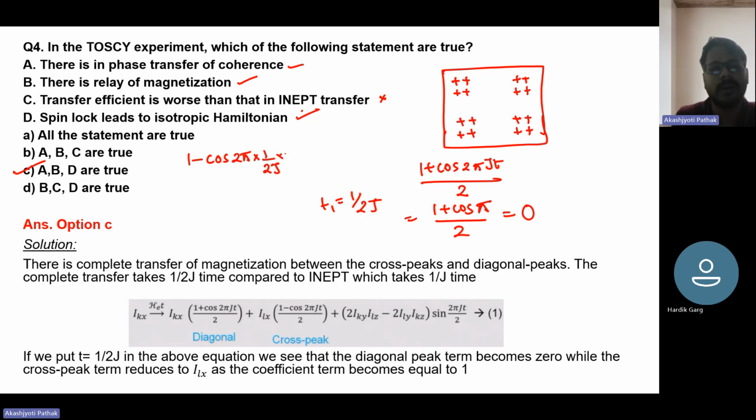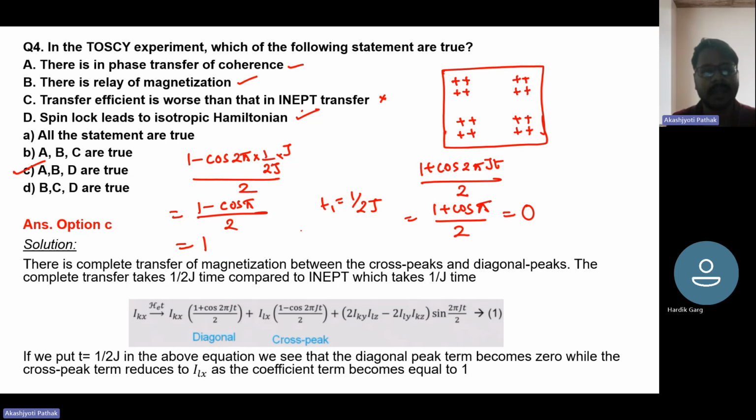So you will get 1 minus cos pi. Cos pi is minus 1, so this will give you 1.